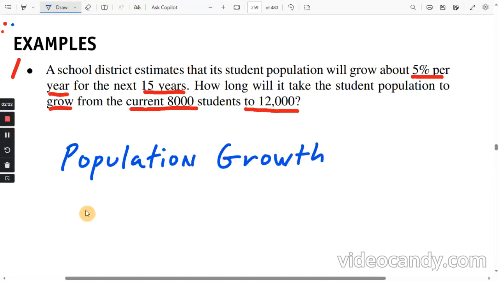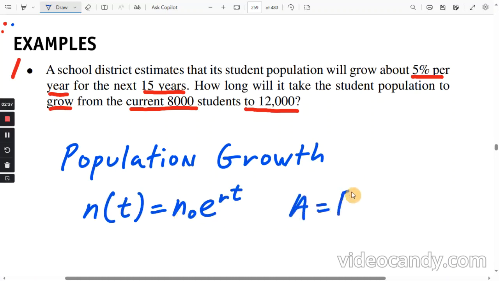All right, and the formula for that, N of t, is going to be N sub 0 e to the power of rt. If you want to use A equals Pert, since it's easier to remember, you can use that as well. Anyhow, I'm going to use the basic formula.